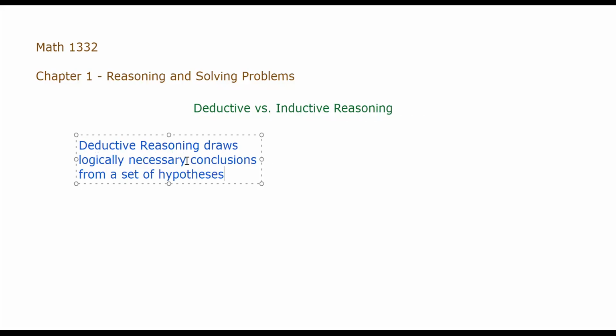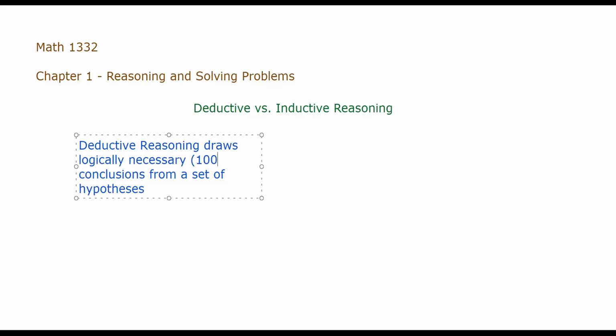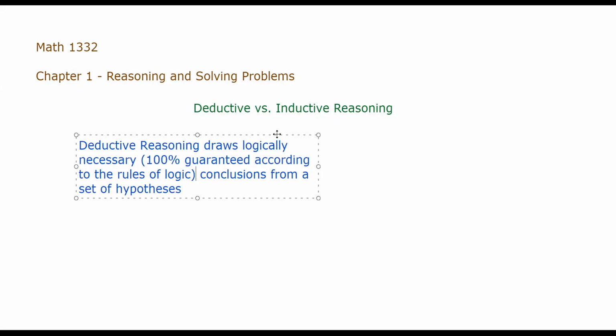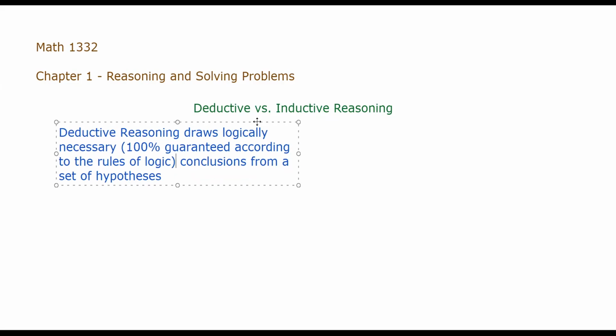When I say logically necessary, what I mean is it's 100% guaranteed according to the rules of logic. It's not something that your opinion can affect. It is hard-nosed and related to logic. Of course, there is an entire field concerning the validity of logic called metalogic, and we're not going to go to that level.